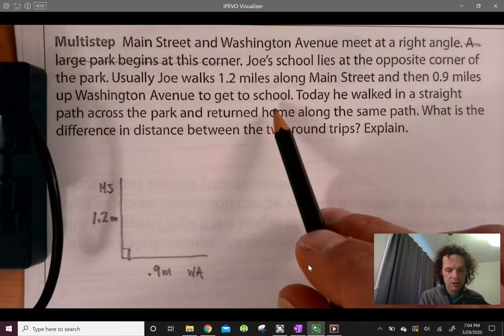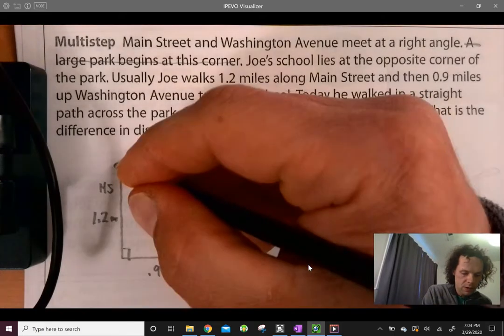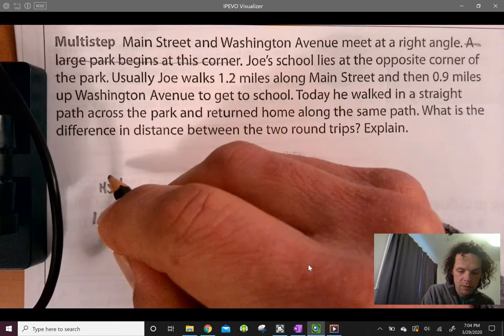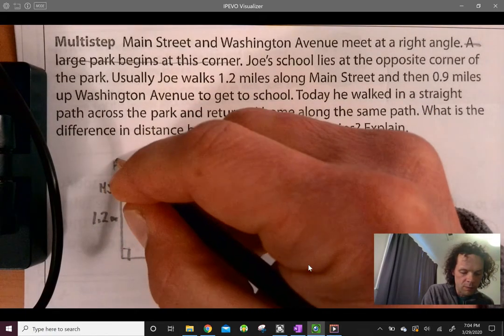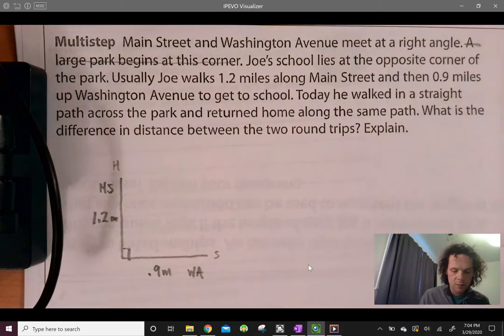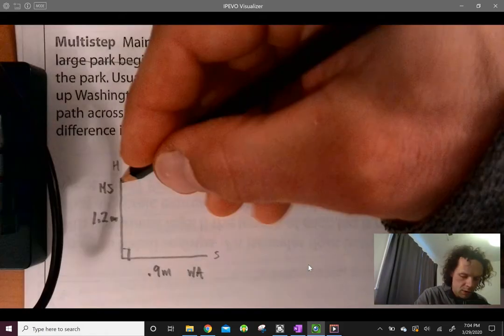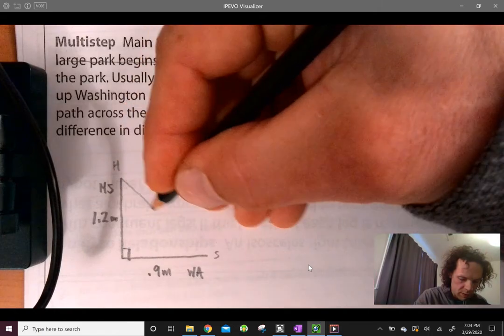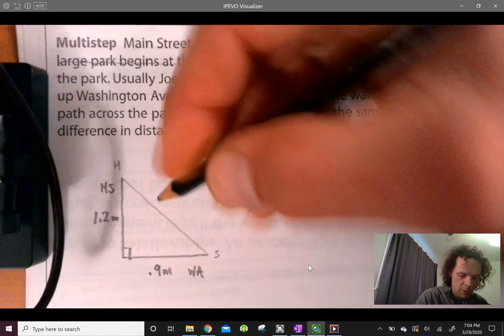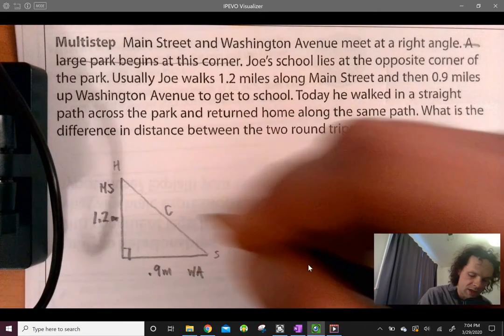To get to school. So this is home and this is school. Today you walked in a straight path across the park and returned home along the same path. So we want to find this right here. What is C? What is the hypotenuse?